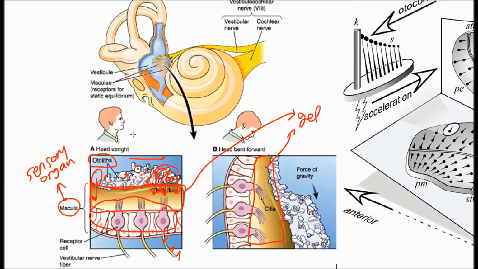And so this is utricle, and that's saccule. And utricle sits in the horizontal plane, whereas saccule sits in the vertical plane. That's horizontal.